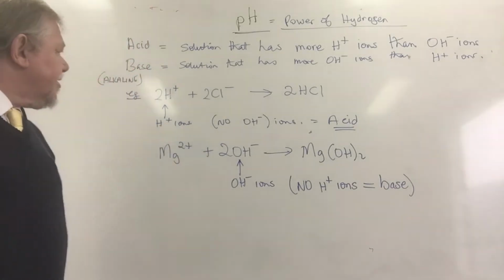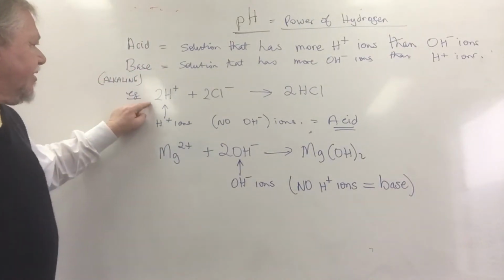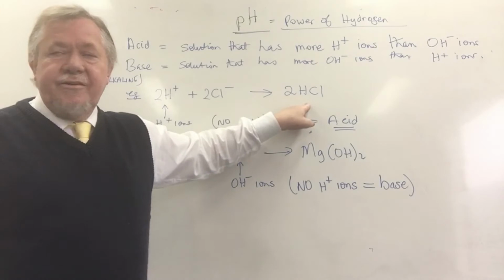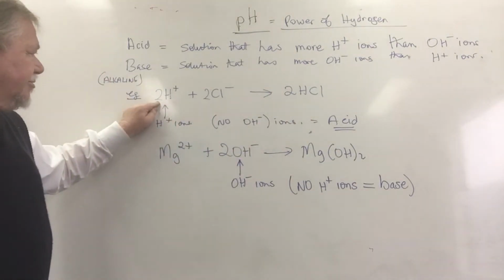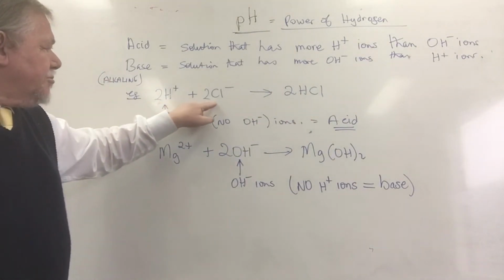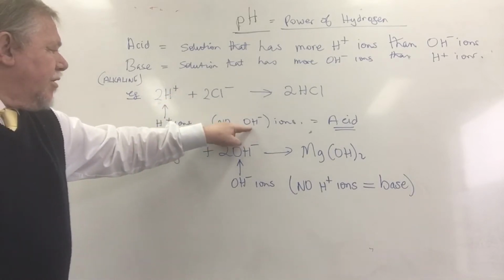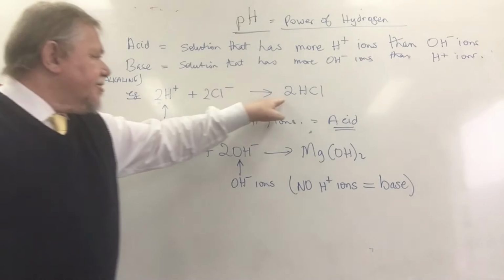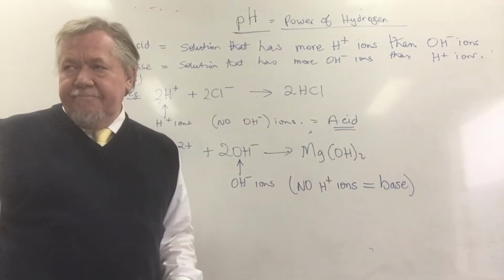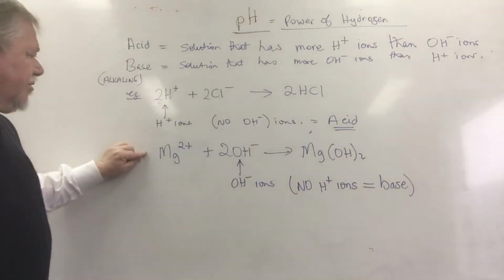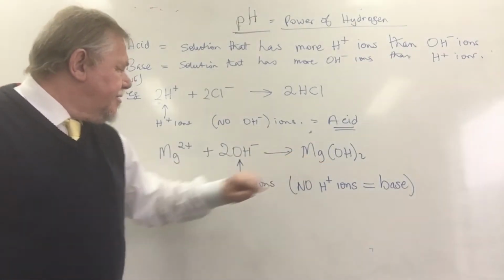Let's have a look at some examples. For instance, hydrochloric acid. We've got 2 H plus ions, 2 Cl minus ions. You notice there's no OH minus ions. This is going to be an acid. Let's have a look at magnesium hydroxide.